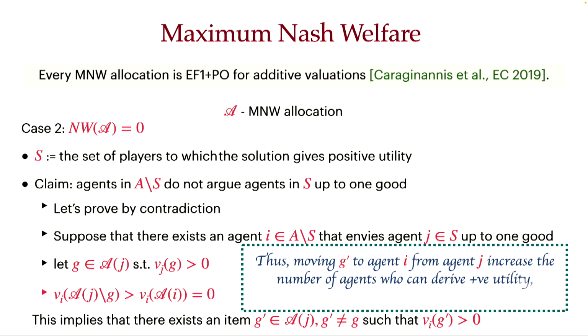S was already largest. Now, what happened? I also has positive utility, correct? Does J also have positive utility now? Because G was the good which was positively valued by J and it is still with J. So, now we know that the number of agents who get positive utility increases. That is a contradiction here.